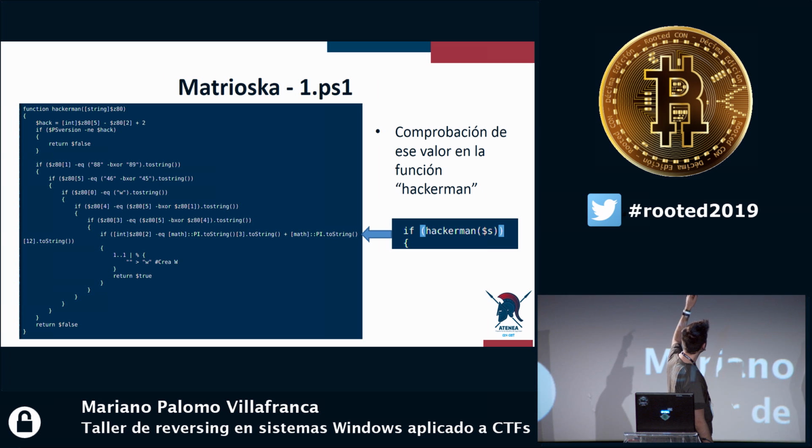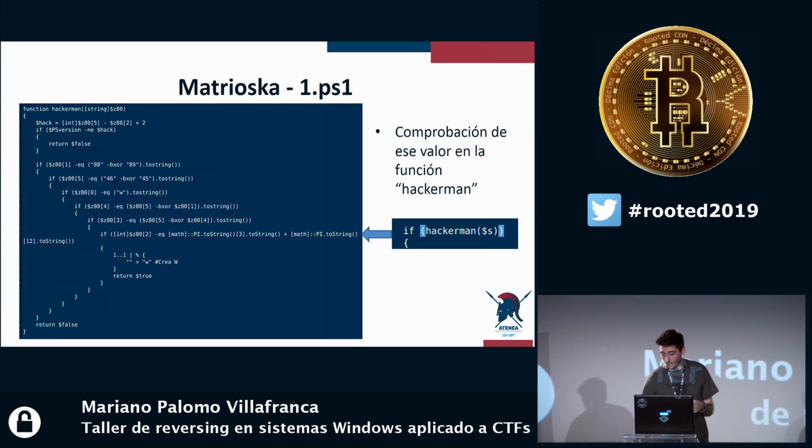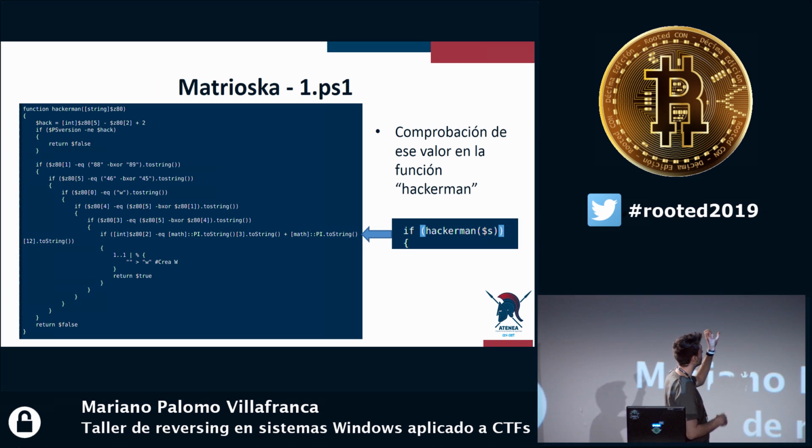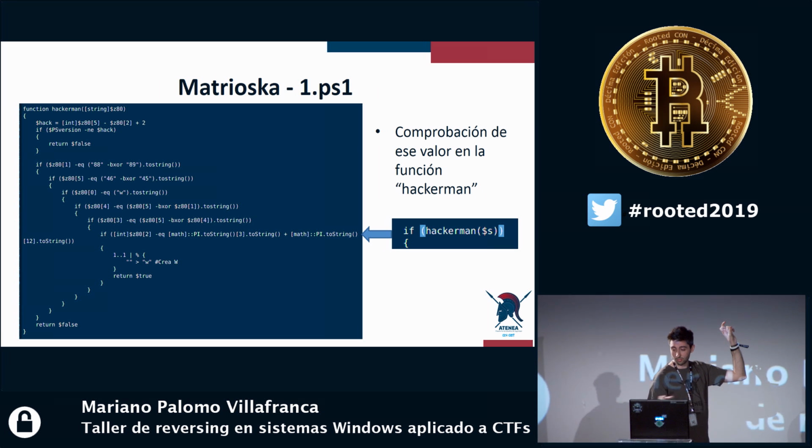Then this one, the 3 with 5 that we had calculated before. From here we get a 1, and the last one, the third character, is done differently: it is comparing digits.